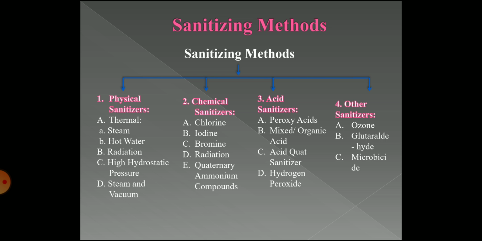Chemical sanitizers include chlorine, iodine, bromine, radiation, quaternary ammonium compounds. Acid sanitizers include peroxy acid, mixed acid or organic acid, acid quat sanitizer, and hydrogen peroxide. Other sanitizers include ozone, glutaraldehyde, and microbicides.